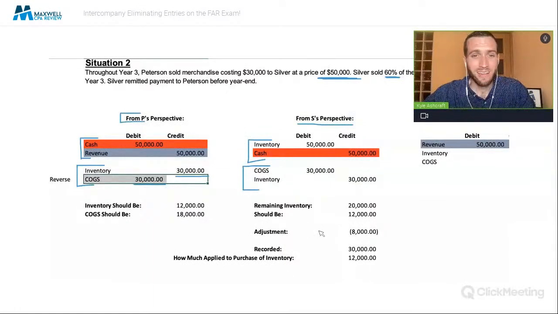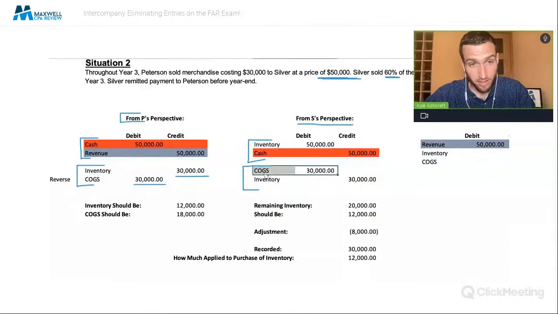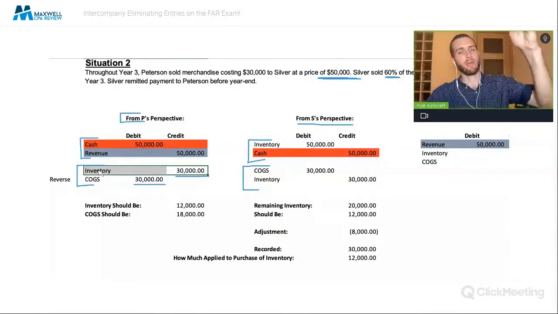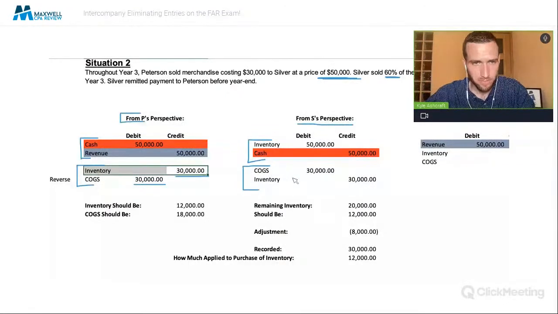So the question is, what is cost of goods recorded for and what should it be recorded for? 30,000 is what we have here, the 60% of it. So we have 30,000, but it shouldn't be 60% of 50,000. It should be 60% of 30,000, what it was initially recorded for, going from the parent straight to the customer. So we see that cost of goods sold should be 60% of 30,000 instead of this 30,000 here.